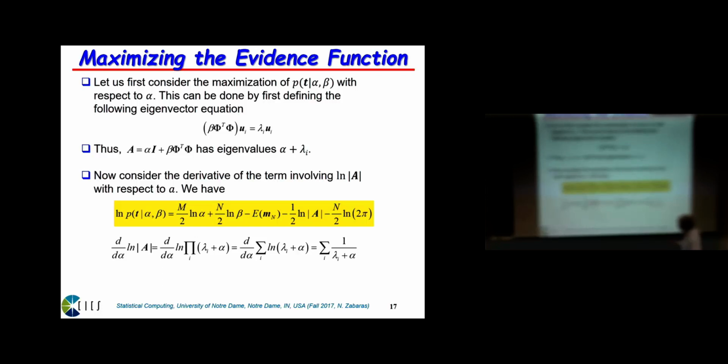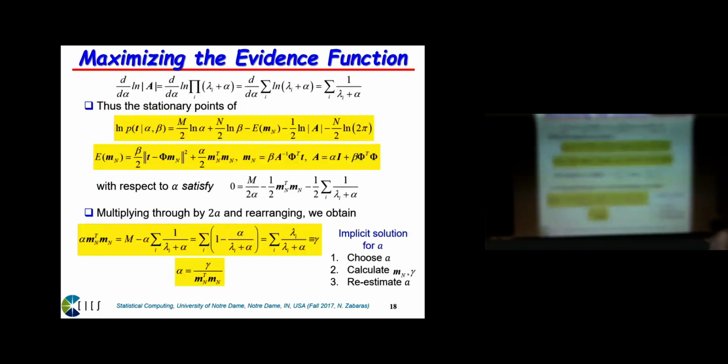So you have the log of the product, and you have to find the gradient with respect to alpha, and you just differentiate the logs, and there's the answer. The answer is a summation over i, for all the eigenvalues that you have, of 1 over lambda i plus alpha. So this term is not painful because the answer is this nice summation. There is a derivative with respect to alpha here, and a derivative with respect to alpha in here too.